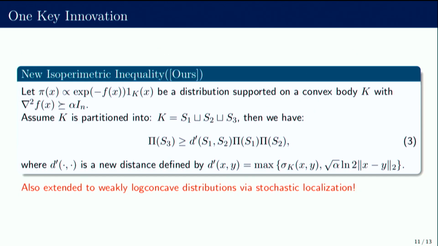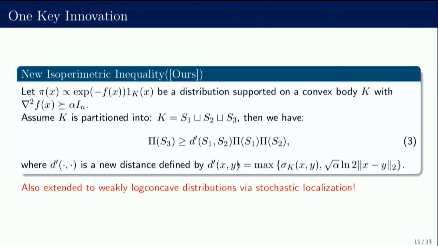This is one key innovation in our proofs, or to put it modestly, some new observation. So basically, for such a target distribution, exponential minus f(x) on K, if you decompose K into 3 measurable sets, then π(S3) is always greater than d(S1, S2) times π(S1) times π(S2).